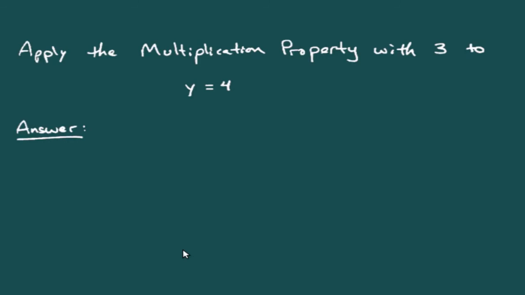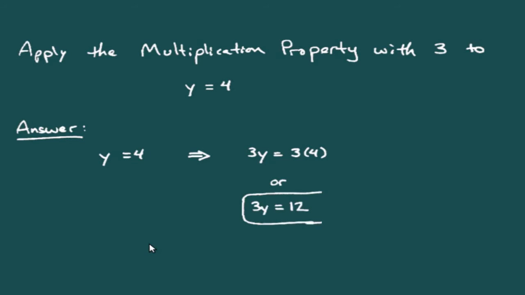Well, again, we begin with our input statement, which is just y is equal to 4, and the multiplication property of equality then says that we multiply both sides by 3, so we get 3 times y and 3 times 4. Over here on the right, those are two numbers that we can multiply together. So 3 times 4 is going to give us 12. And so we have a final answer of 3y is equal to 12.